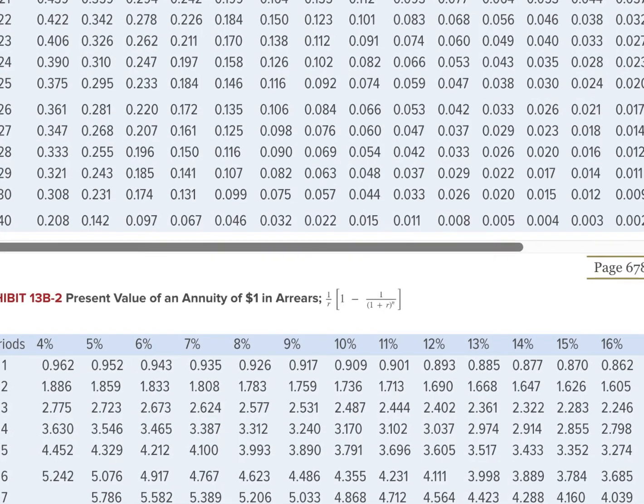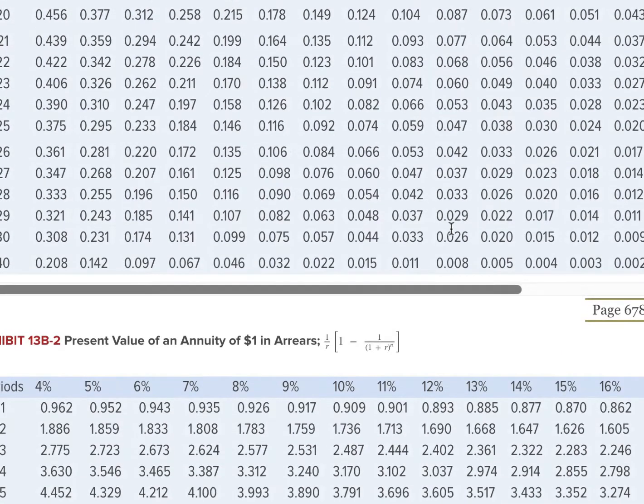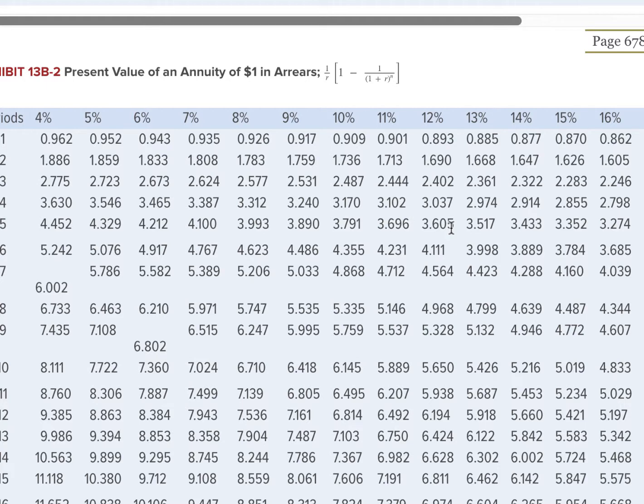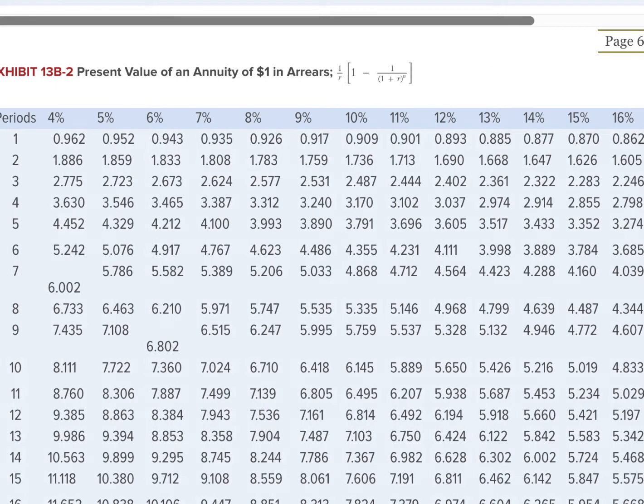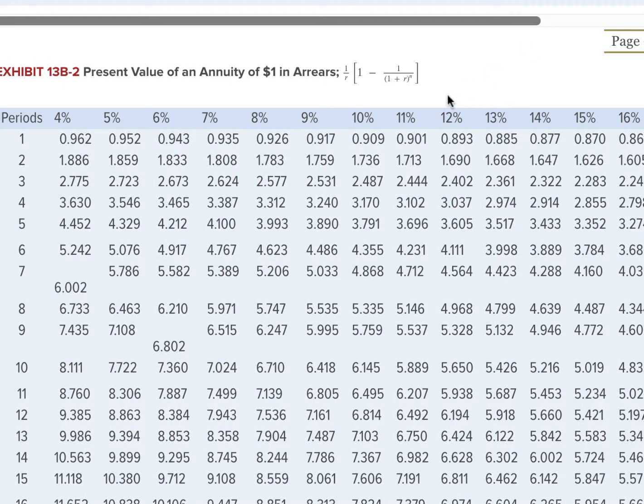So we do want to use the present value of an annuity table in arrears. We know that we have 11%. So I go to the 11% column and I look for the periods. Well, the periods are 5 years.